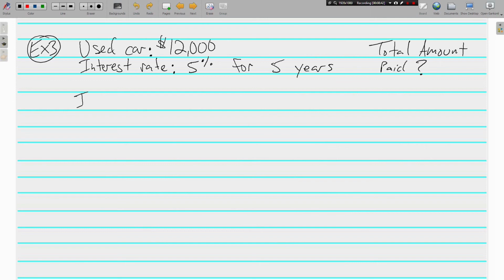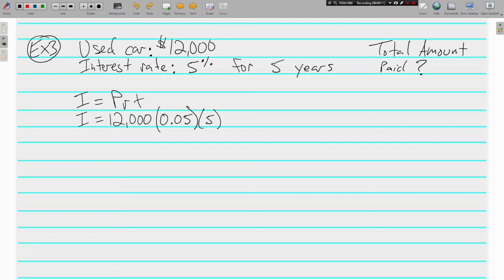Let's use our simple interest formula, I equals PRT, and plug in what we know. The principal, the amount that we need for the car, is $12,000. The rate, 5%, we enter as 0.05 because we need to enter it as a decimal. And our time is 5 years.